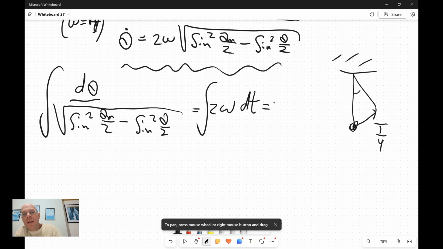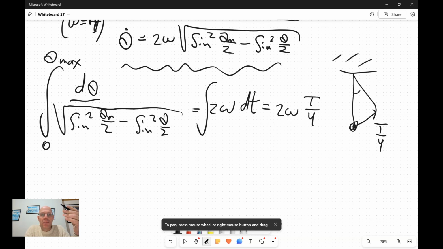So on the right hand side, I will have 2 omega capital T over 4. And the left hand side will be from theta equals 0 up to theta max. So that's more or less the end of the story, because all I need is to calculate this integral.